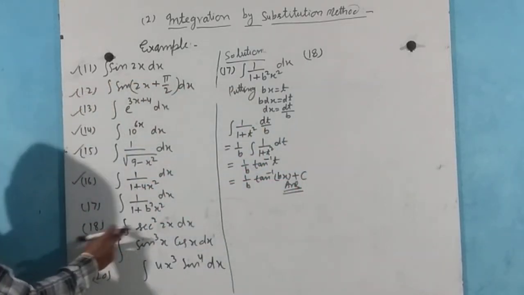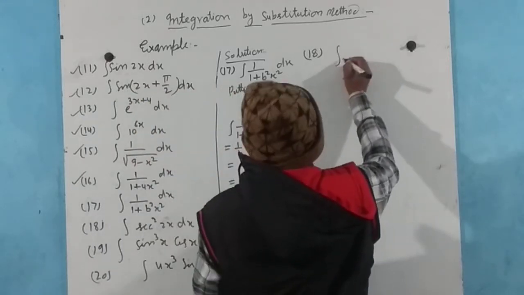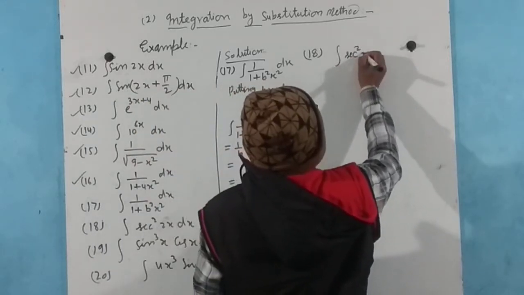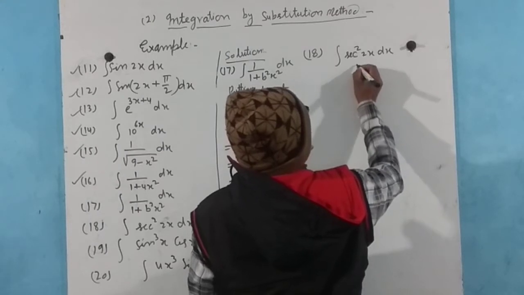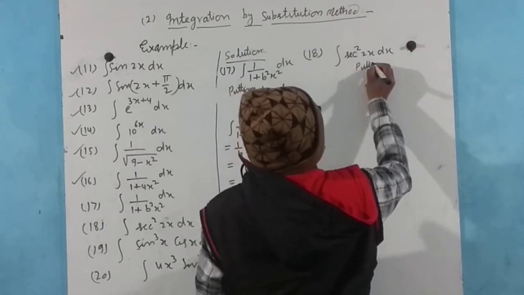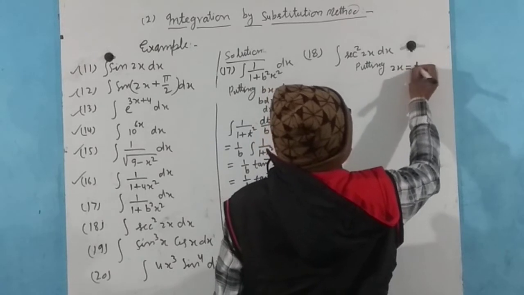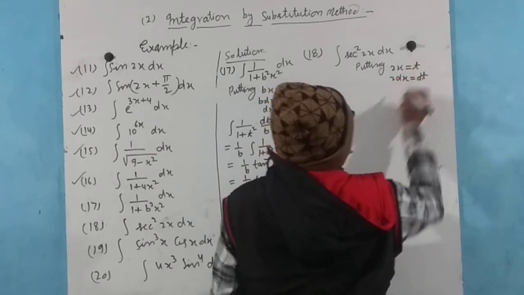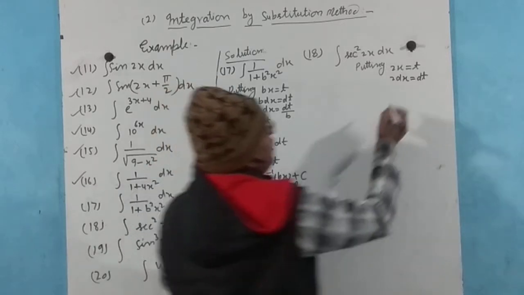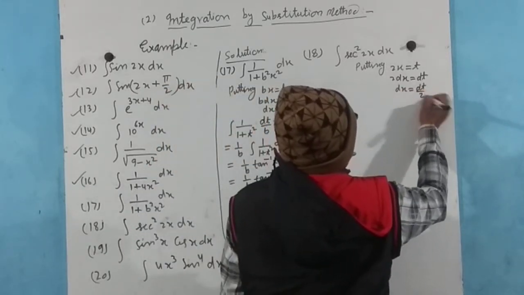Now question number 18, integration of sec square 2x dx. In this case, putting 2x equal to t, so that 2 dx equal to dt. It means that dx equal to dt by 2.